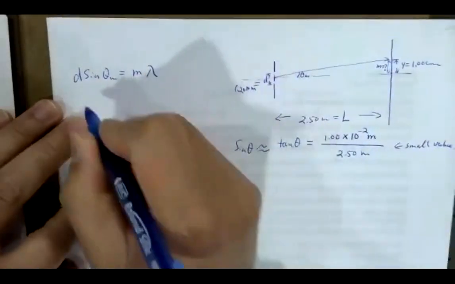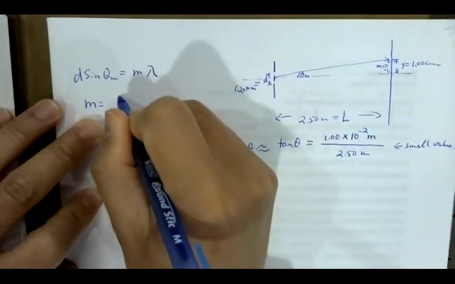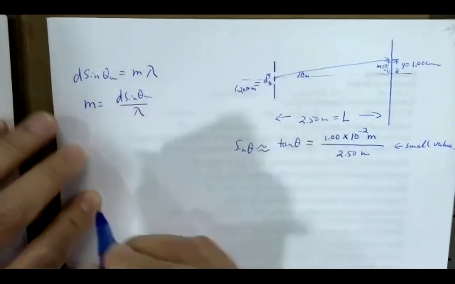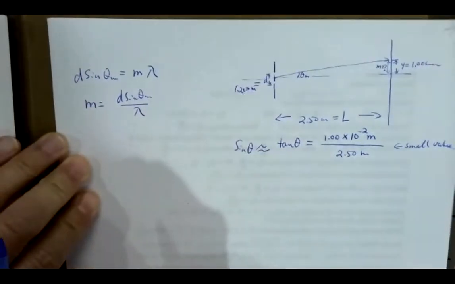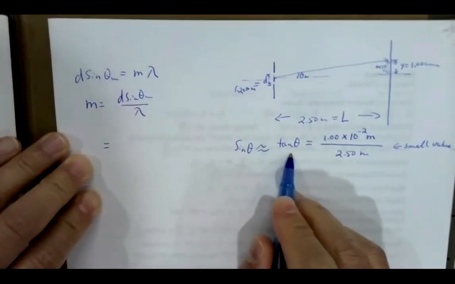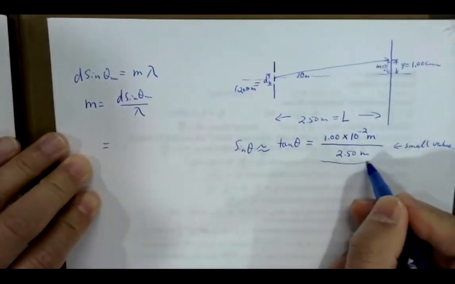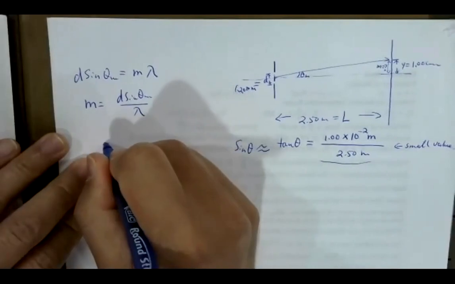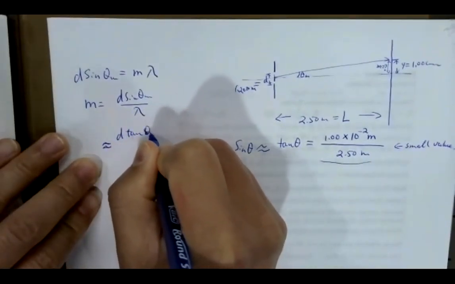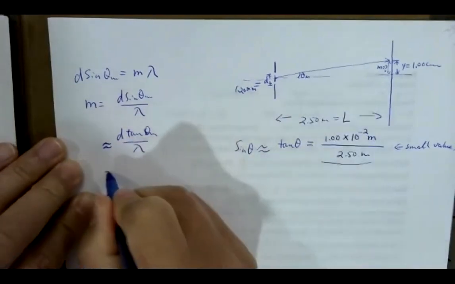So m is equal to d sine theta over lambda. You have d, you have lambda, and you can use the approximation of the tangent of theta for sine theta. So this is approximately equal to d tangent theta over lambda.